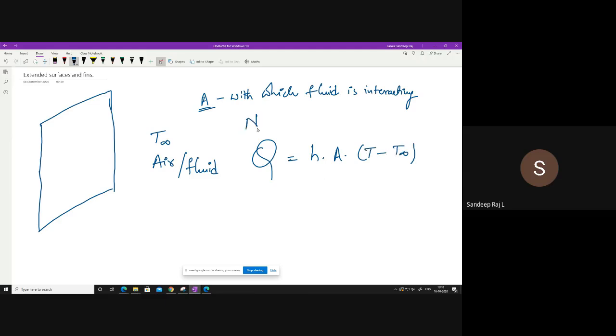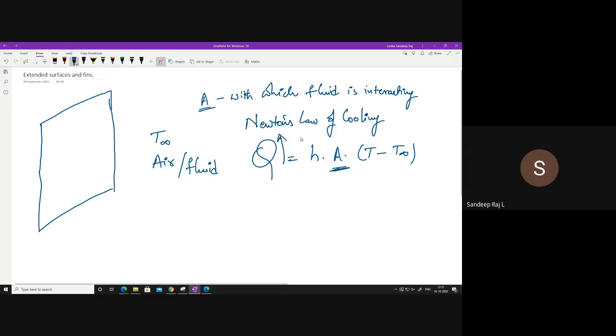We know this by Newton's law of cooling, that is the law governing convection. If I want to increase the heat transfer by convection, increasing my A is a very simple way of increasing my Q.